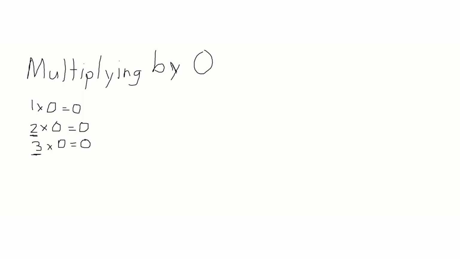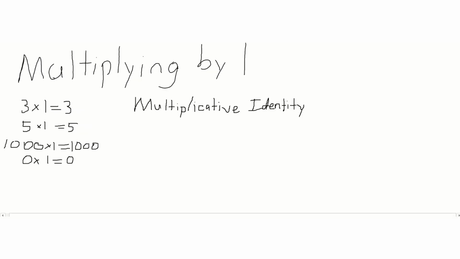Now on to multiplying by 1. As you see here, if you multiply any number by 1, whether it be 3 or 5, 1,000 or 0, you will get that number as your result.